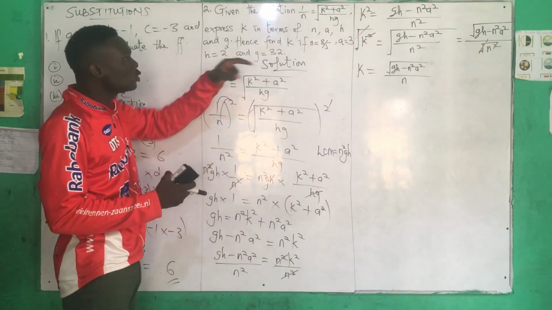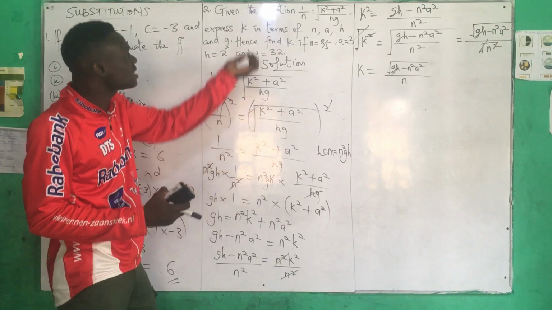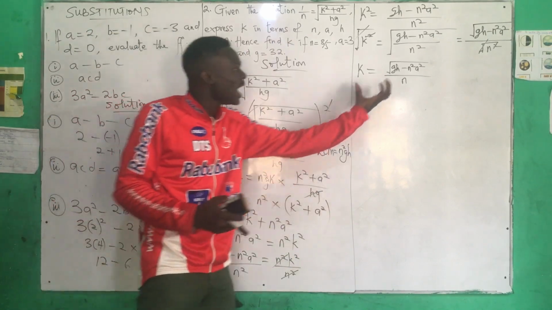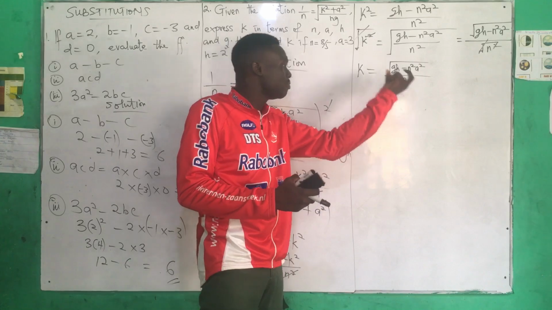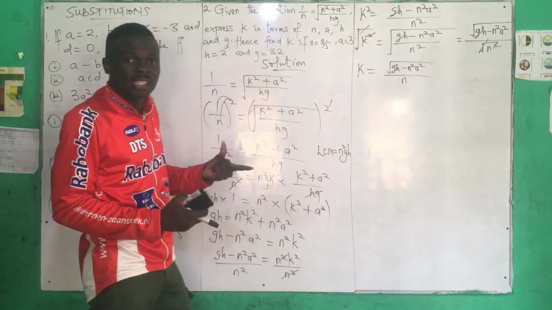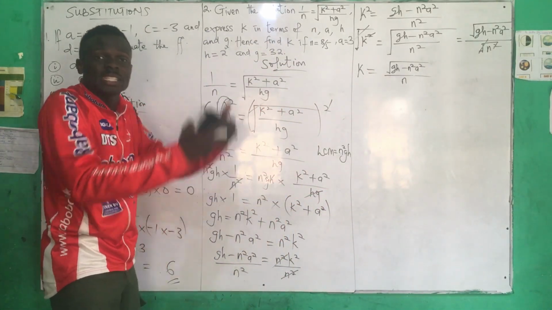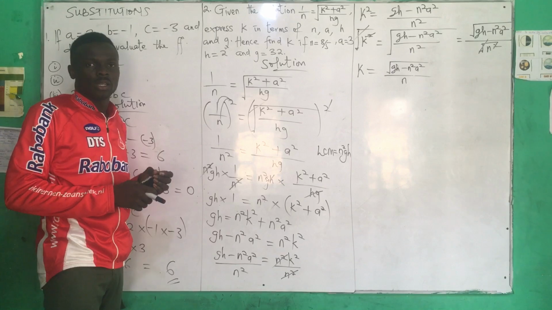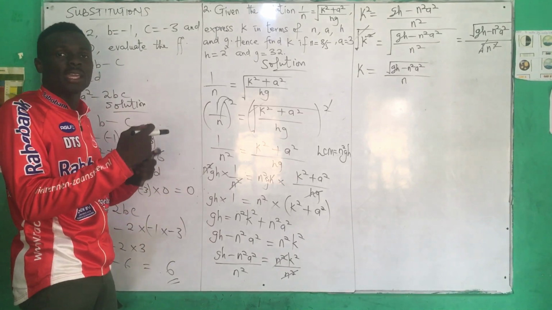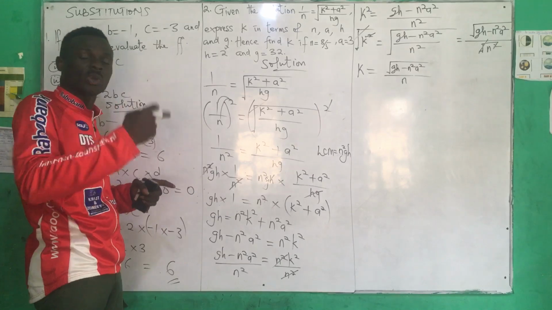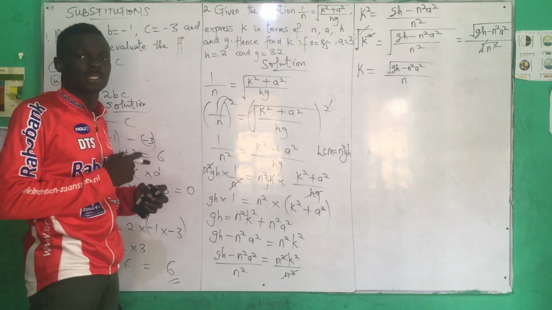Now that you have been able to do that, it says, hence find k. So hence, using the answer whereby you make k the subject, it says what? Find k. So this is where we are going to apply the substitution, whereby we will replace the letters with their corresponding numbers.